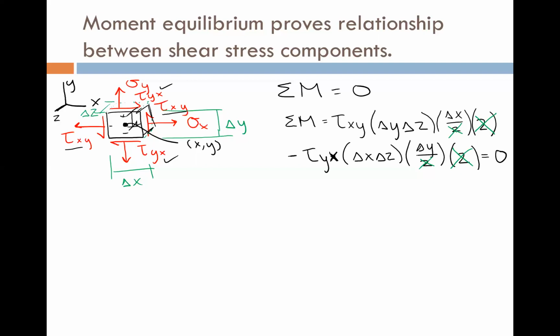So that leaves us with delta y times delta z times delta x. And here we have delta x, delta z, delta y. So those are the same, which means if we divide this whole thing by delta x, delta y, delta z, all of these terms leave. And what we're left with is an important finding. Tau xy equals tau yx.